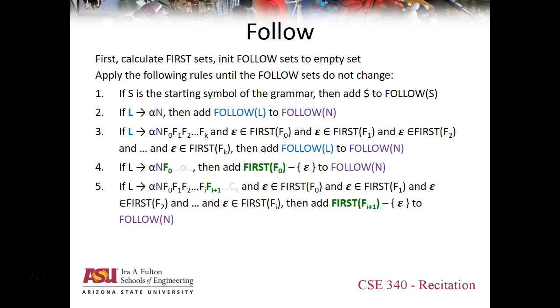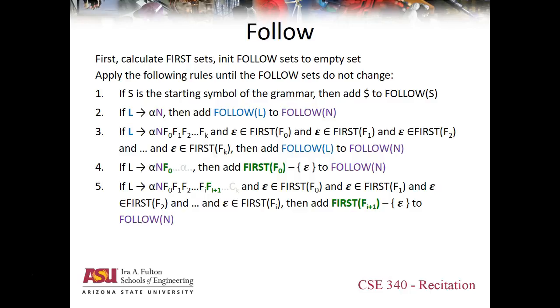All right. And then the last two rules are kind of grouped or similar together. They're both adding based on first sets. So the first one is you take the non-terminal directly to the right of whatever you're worried about, directly to the right of n here, and add its first set minus epsilon to the follow set of n.